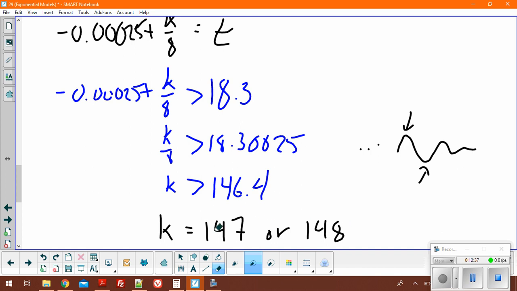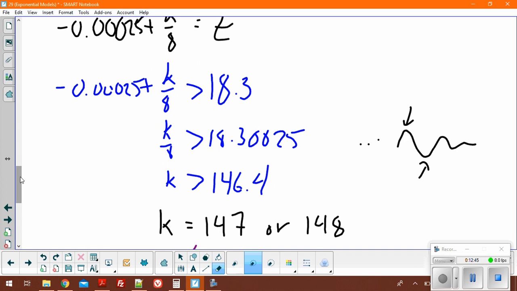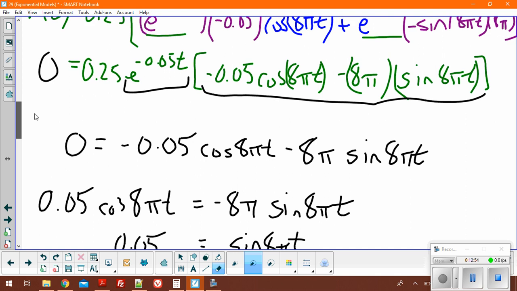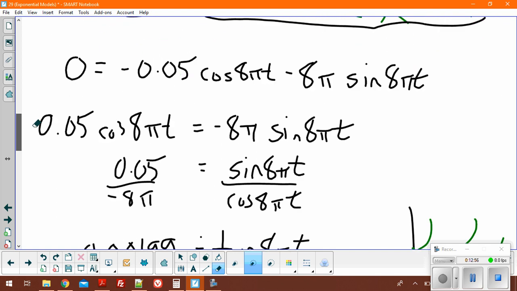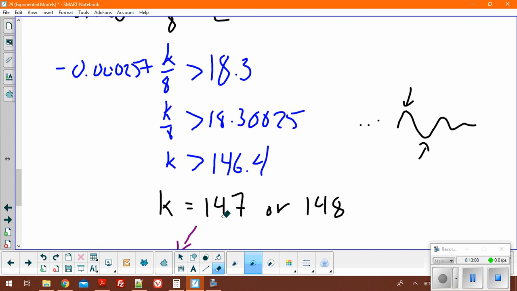So it could be this is when k equals 147 or 148. From here, I'm taking kind of the, I don't want to say the cheating route, the shortcut. I could try to take my second derivative and do the test, but my derivative is messy enough. I don't want to make this any worse. So I'm just going to go back into my original function and see which one of these is a max and which one is a min.